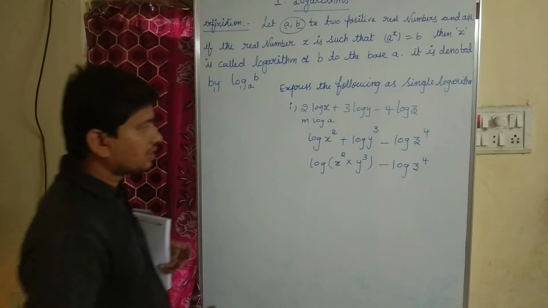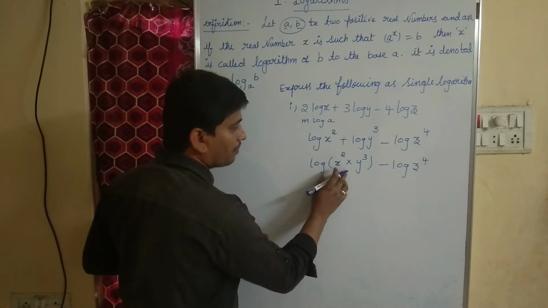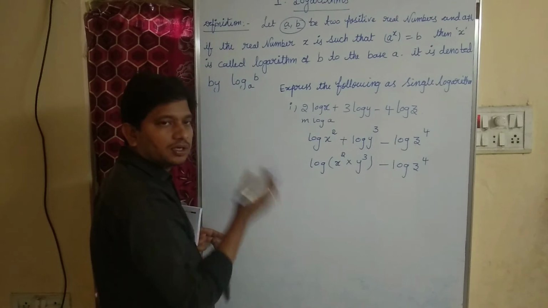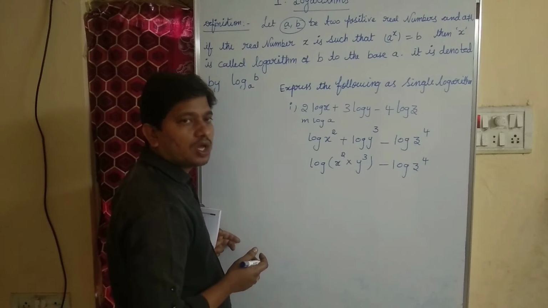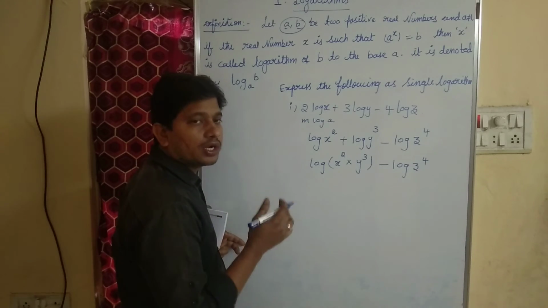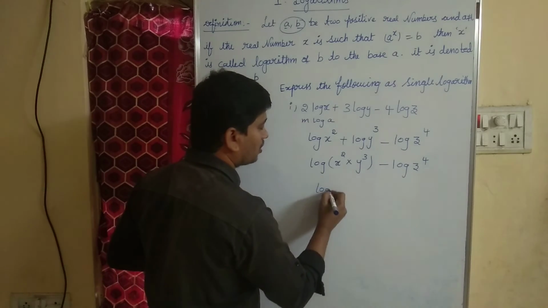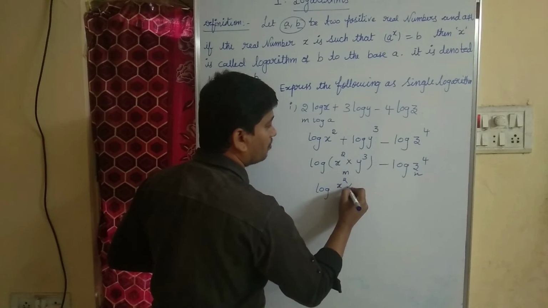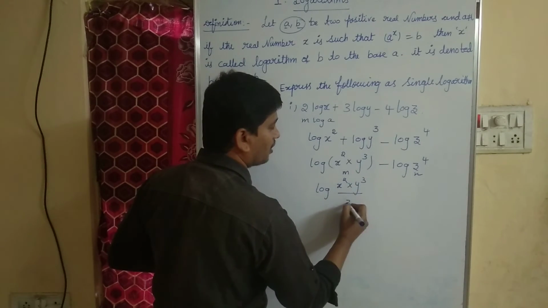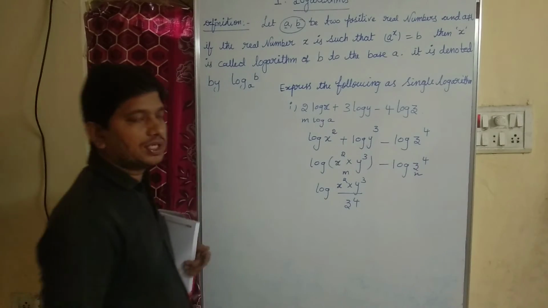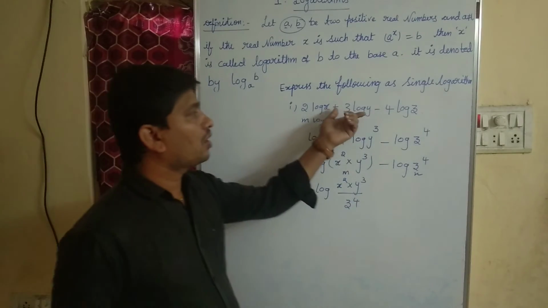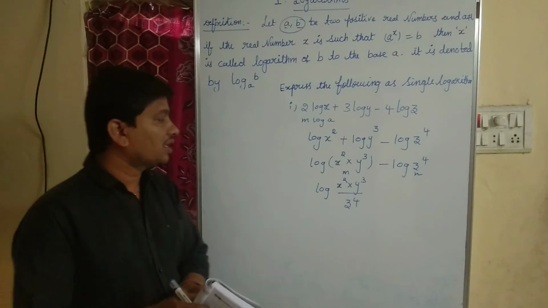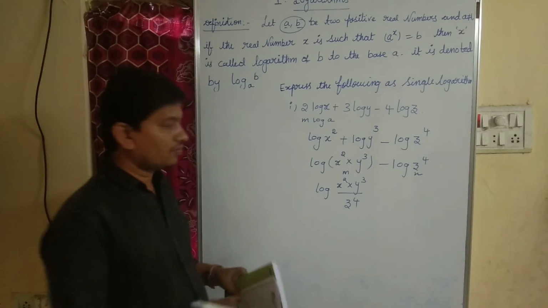Now this is in the form of log m minus log n, I can write as log m by n. So see, we expressed the given logarithm as single logarithm, log x square into y to the power of 3 divided by z to the power of 4.